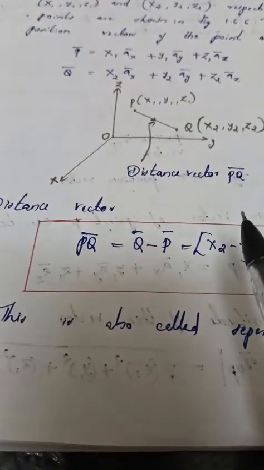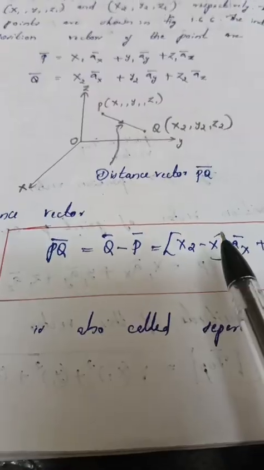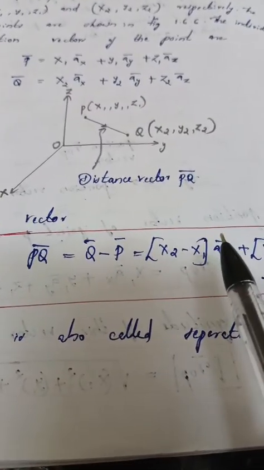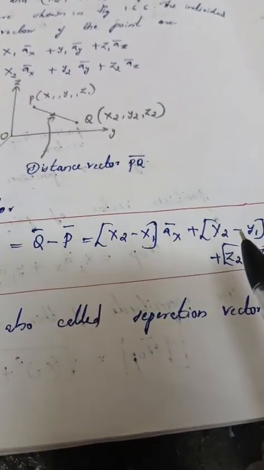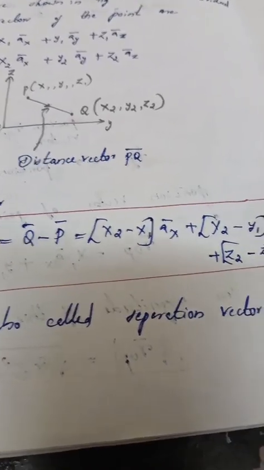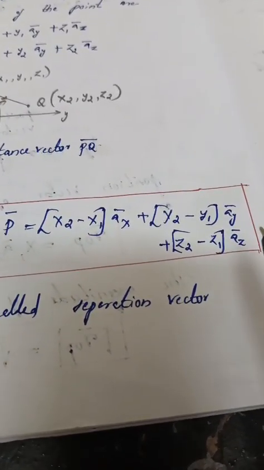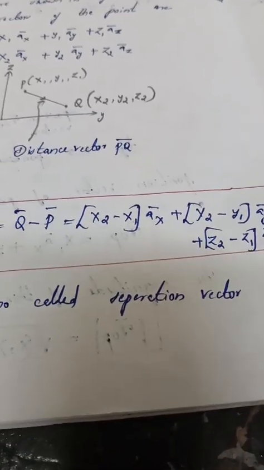Distance vector PQ vector equals Q vector minus P vector, that is x2 minus x1 into ax vector plus y2 minus y1 into ay vector plus z2 minus z1 into az vector.